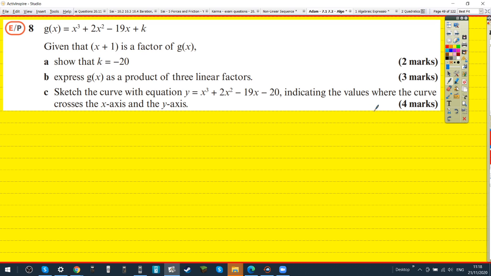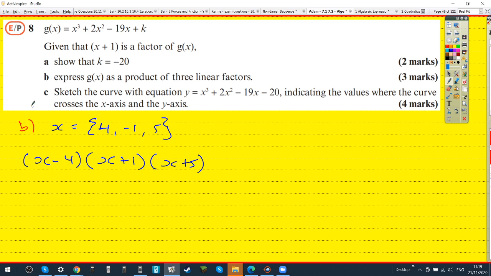Yeah. Okay. So x is 4, x is minus 1, and x is 5. Should be written out as brackets x minus 4, brackets x plus 1, brackets x plus 5.